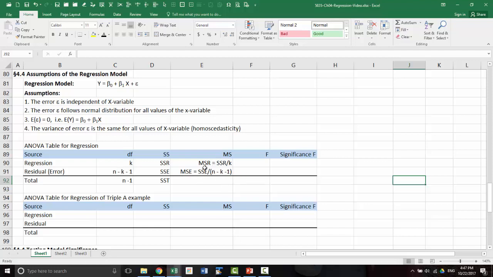So once you have that, then the ratio, remember if you go back to chapter 2, F is a ratio between two variances. For it to follow a theoretical distribution, we really need to divide a variance by a variance. A variance is a sum of squares divided by the degrees of freedom. So these are two different estimates of variance. So F is MSR divided by MSE. So that's your F, and then you can use the F.DIST.RT function to find the p-value. Significance of F is the p-value. So, the p-value using F.